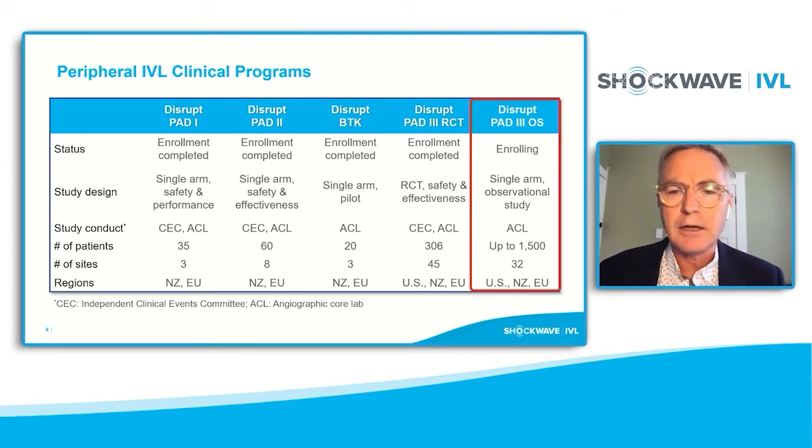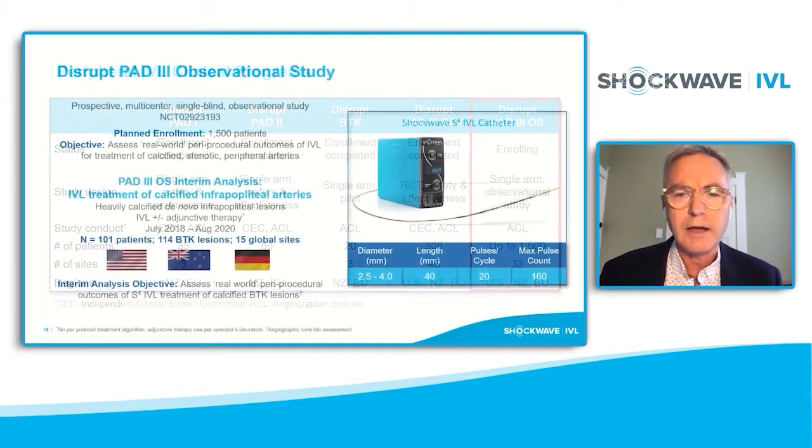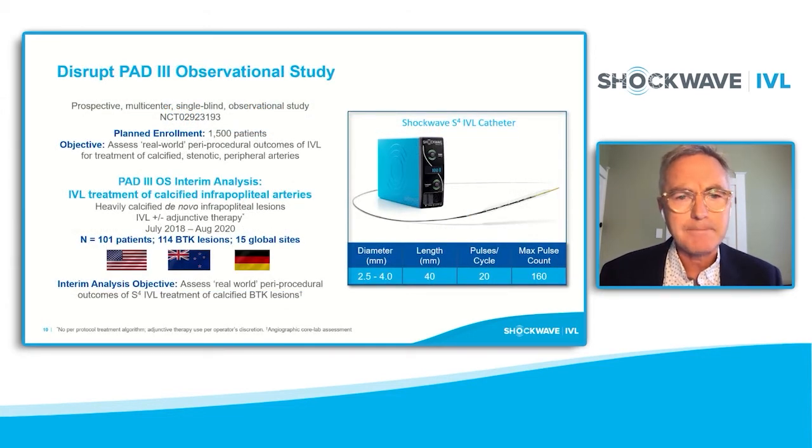This is a single-arm observational registry, up to 1,500 patients recruited in the US, Europe, and New Zealand. These are patients with lesions in all lower limb arterial locations from iliac to tibial arteries, treated with intravascular lithotripsy, and then clinicians' subsequent treatment of choice.